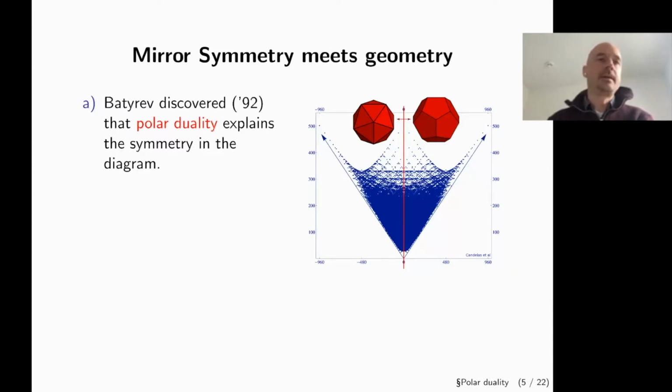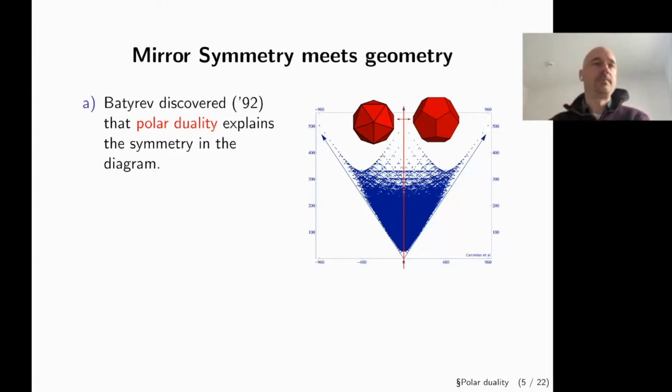So you just think of each of those dots, each representing a Calabi-Yau threefold, as a hypersurface in a toric variety. It was a weighted projective space, but you can also generalize it to more general toric varieties. And then you just perform a polar duality of the polytope that describes the toric variety. And then you get another toric variety. Inside it is also a hypersurface, which is a Calabi-Yau. And that's the mirror dual point.